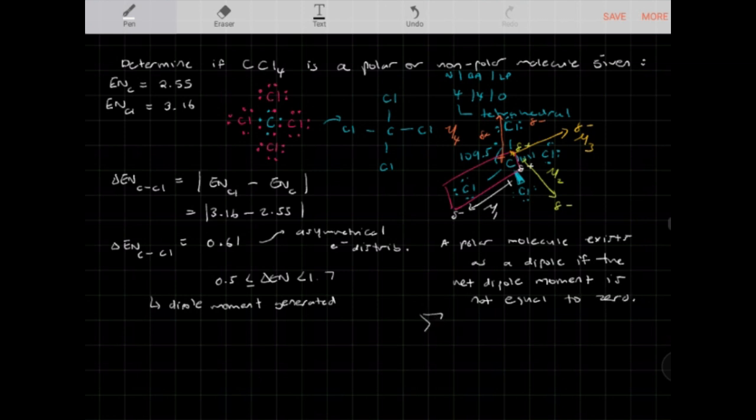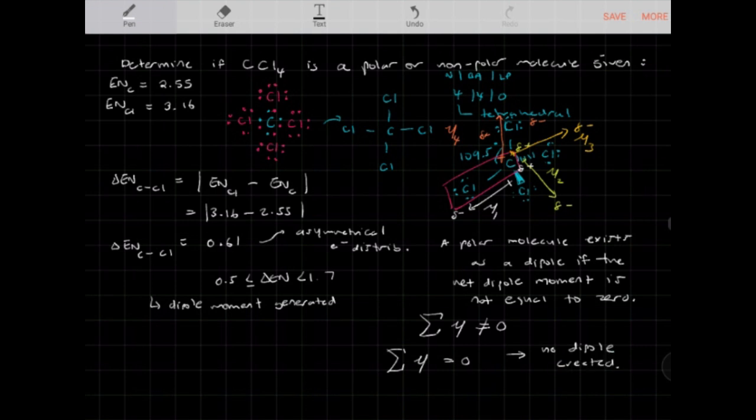What that means is that if you add all of the dipole moments together, the sum of them cannot equal 0. If the sum of all the dipole moments is equal to 0, then there's no dipole created.